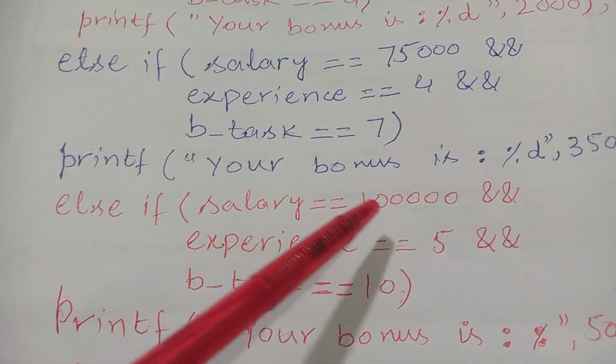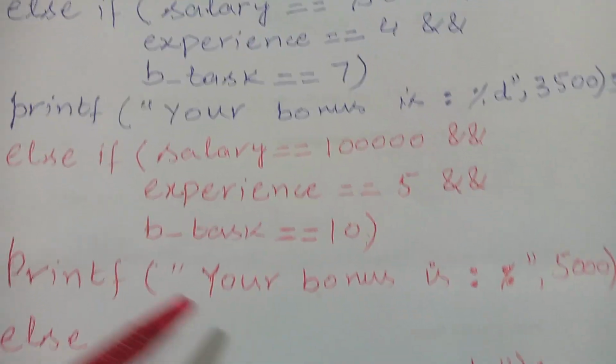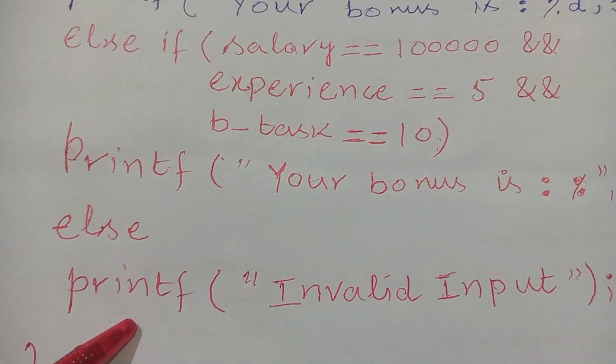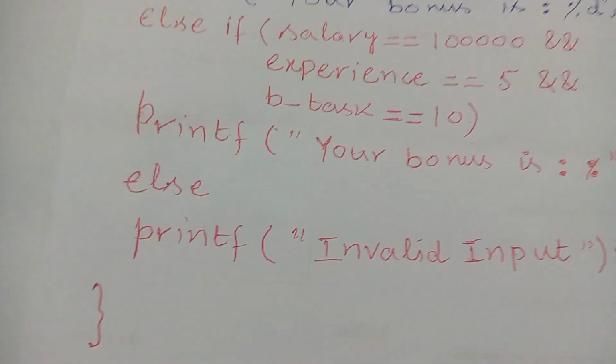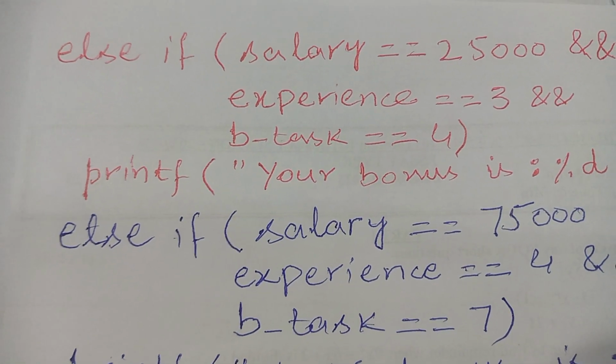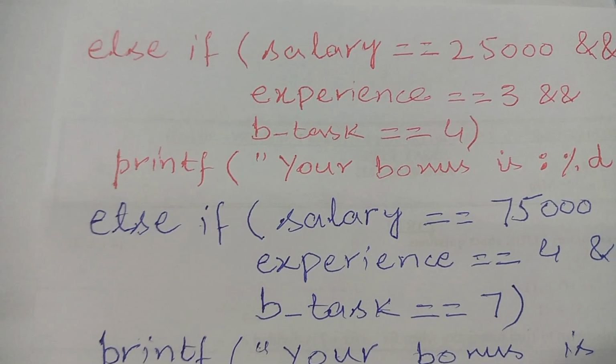If all the sub expressions are true, then this statement will be executed: your bonus is 5,000. Else printf invalid input. So here in this program, the if and else if concept has been introduced. So that's all.